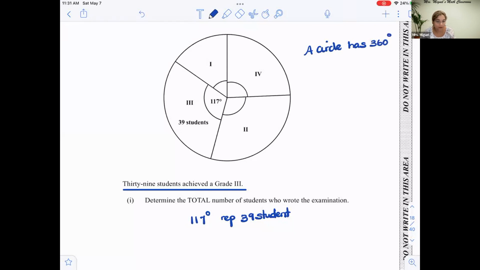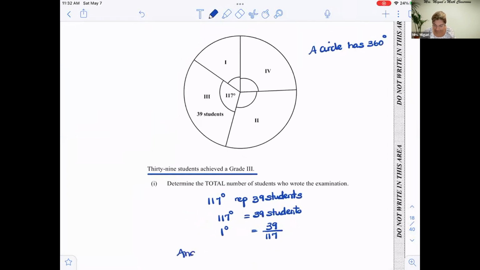So if 117 degrees is 39 students, therefore, 1 degree will be 39 over 117. And 360 degrees is 39 over 117 times 360. So there are 120 students in the distribution.